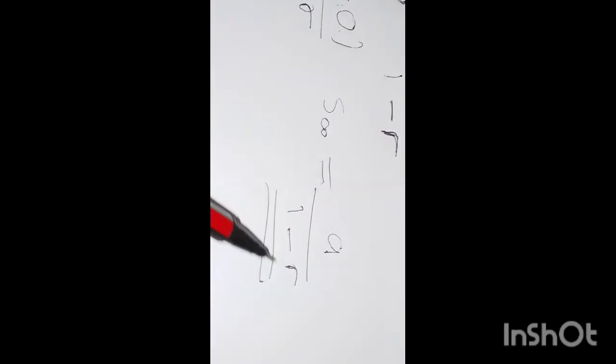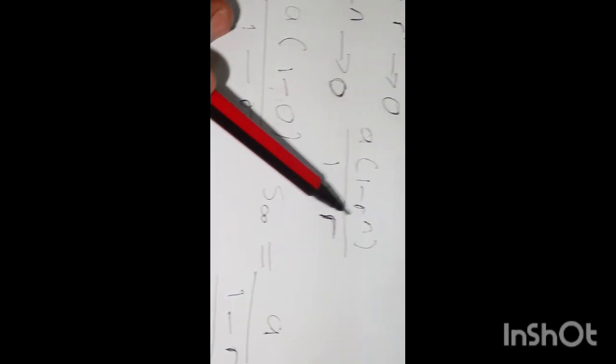This r you are not replacing, because it is not to the power n. We only replace r to the power n with 0. So for the denominator we maintain it, but for the numerator, that's where we replace, because the numerator is r to the power n. Therefore this is the formula for sum to infinity.